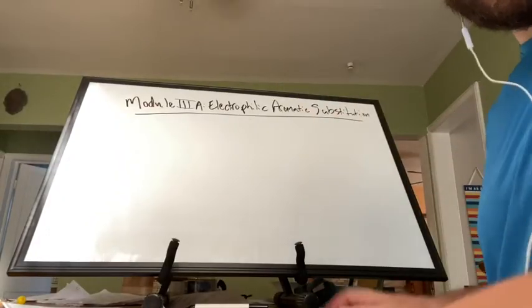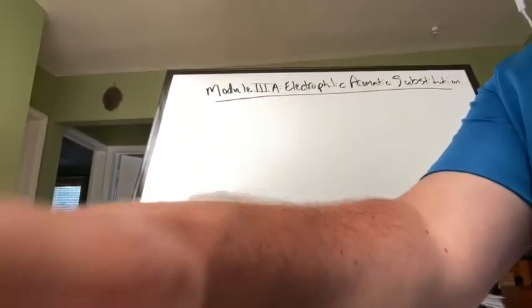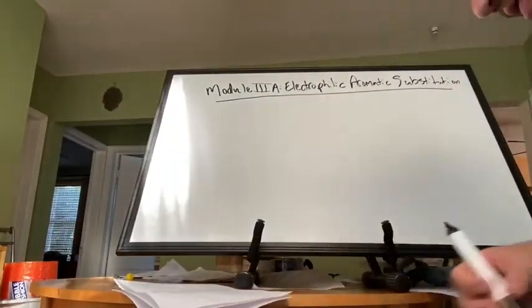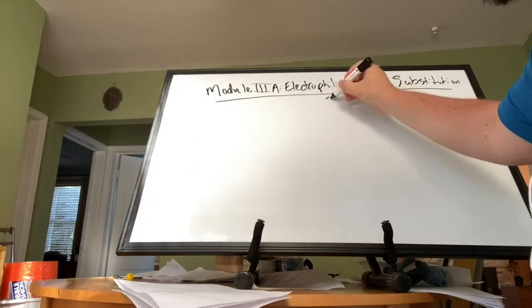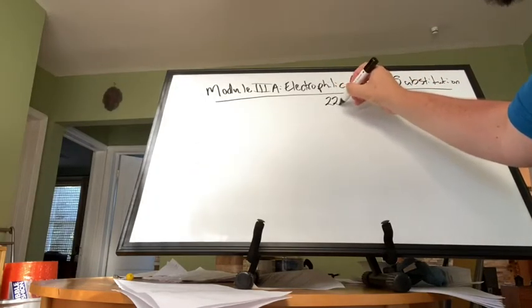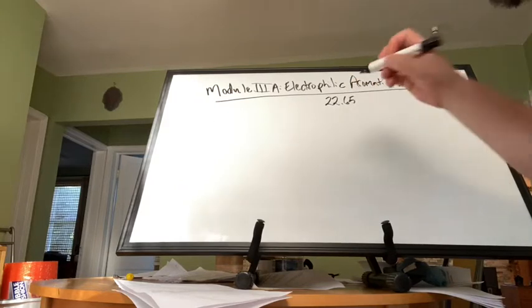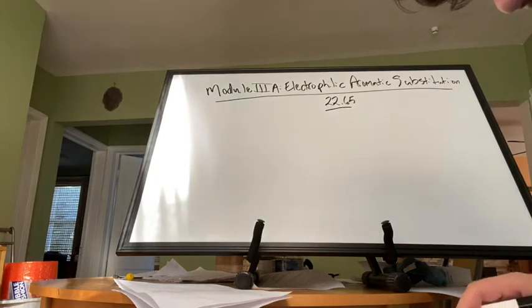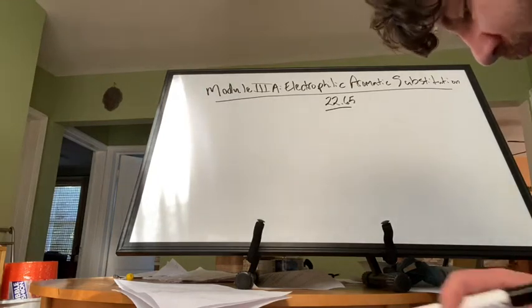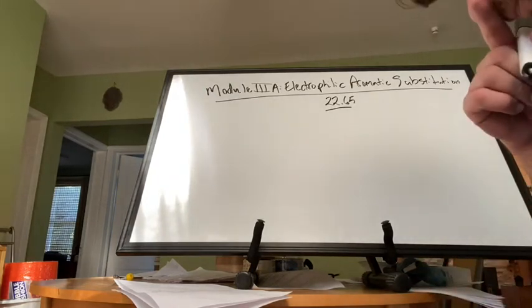Okay, so this next particular example is going to be proton NMR / IR analysis. Okay. So the first one is 22.65 on page 1143.